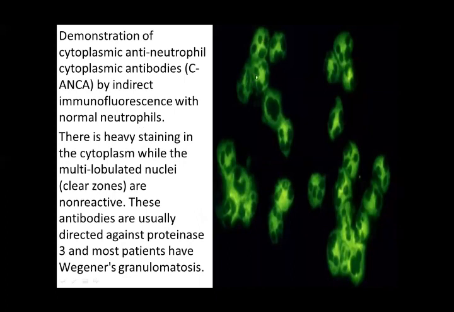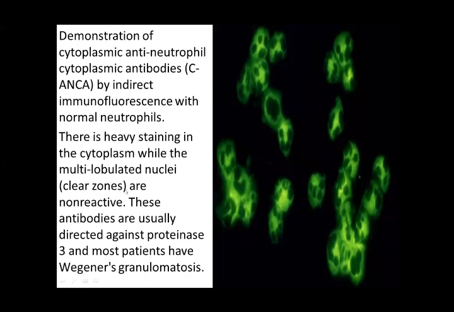This is the cytoplasmic anti-neutrophil cytoplasmic antibody, by indirect immunofluorescence. We have seen this, and these antibodies are usually directed against proteinase 3, and most patients have Wegener's granulomatosis.